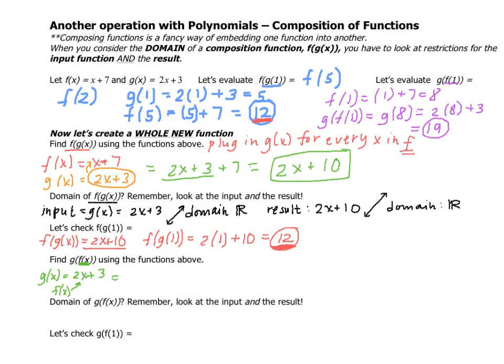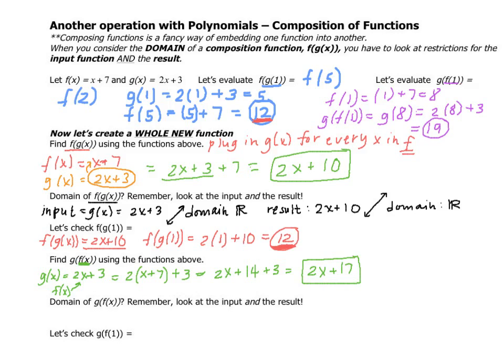So that would be 2 times, now plugging in for x, we're going to plug in f of x, which is x plus 7. Then continue on with writing plus 3. So 2 times x, I'm distributing my 2 now, plus 14, plus 3 ends up giving us 2x plus 17.